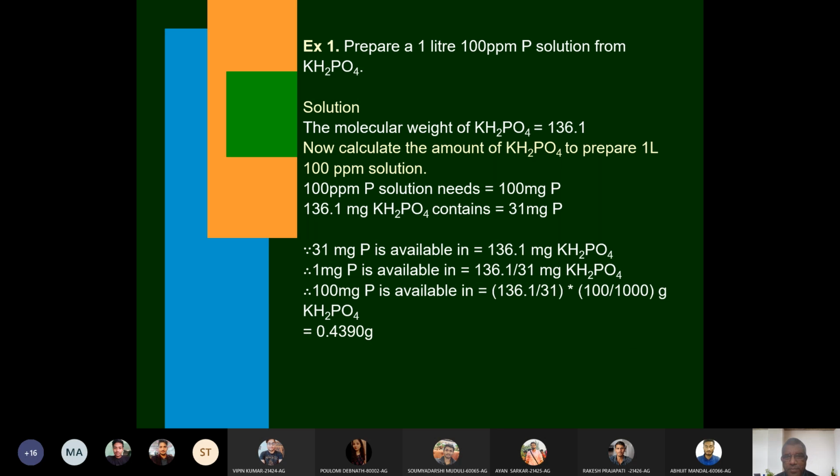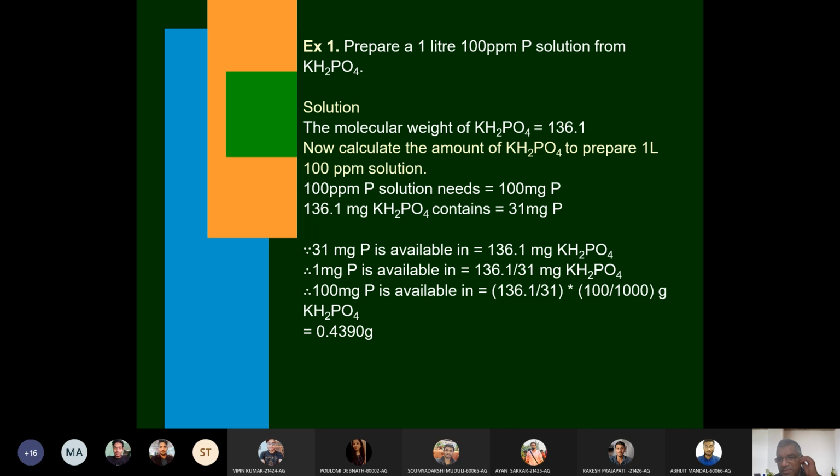Now, regarding preparation of solutions. If you do phosphorus analysis, in many analyses you need to prepare solutions of known strength, for example 2 ppm phosphorus, 4 ppm, 10 ppm. Sometimes you need to develop standard curves. For this, you need to prepare solutions of different strengths.